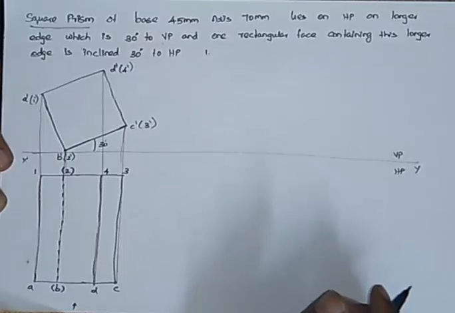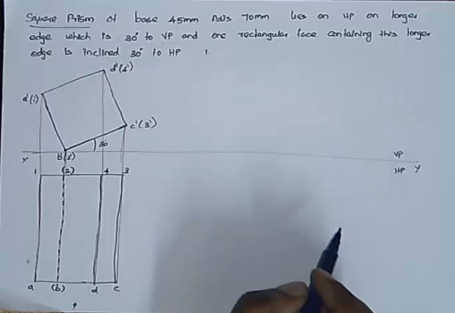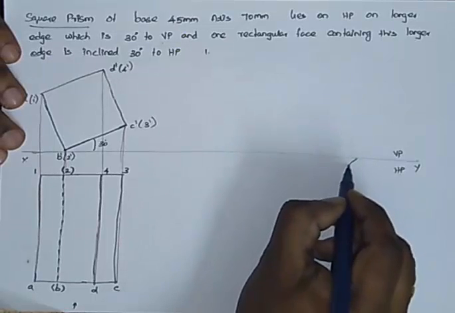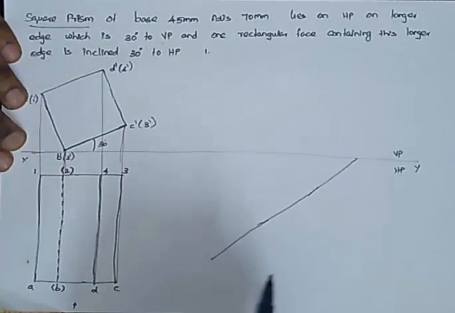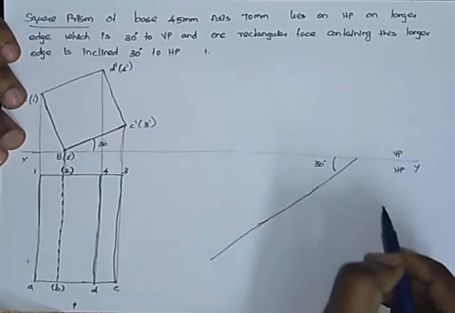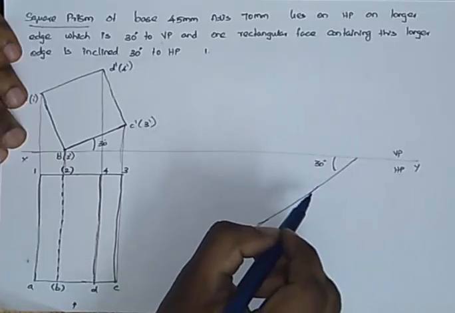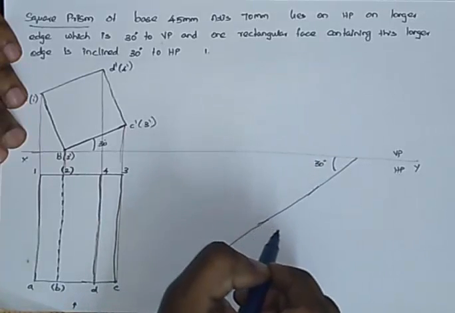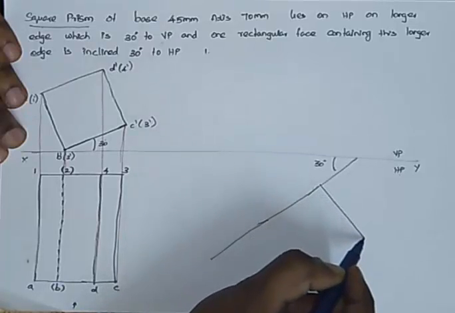Now what you have to do is tilt the axis, that is, till the longer edge. So I am going to make a 30 degree line here. Then instead of keeping the axis here, I am going to have the longer edge here.